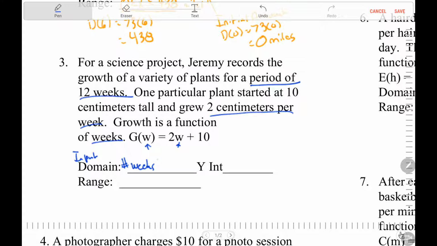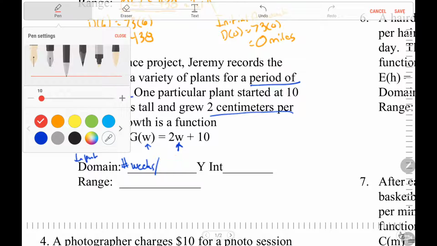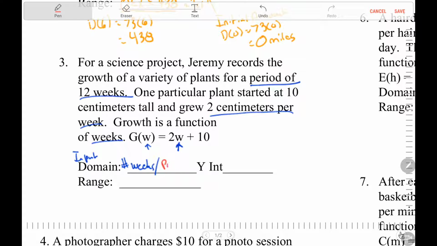And this one, you could argue either way. You could say, well, let's actually go ahead and make a stand here and just say this can actually be the positive reals. Because in this one, you can check the height of the plant at any time. So a week and a quarter could go by, a week and a day and a minute could go by.